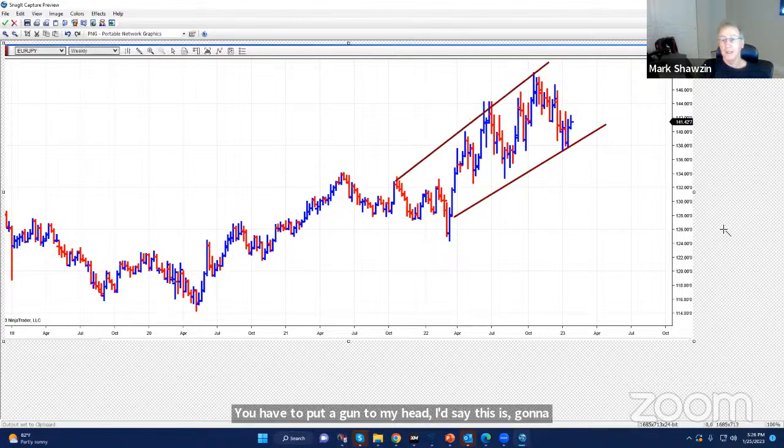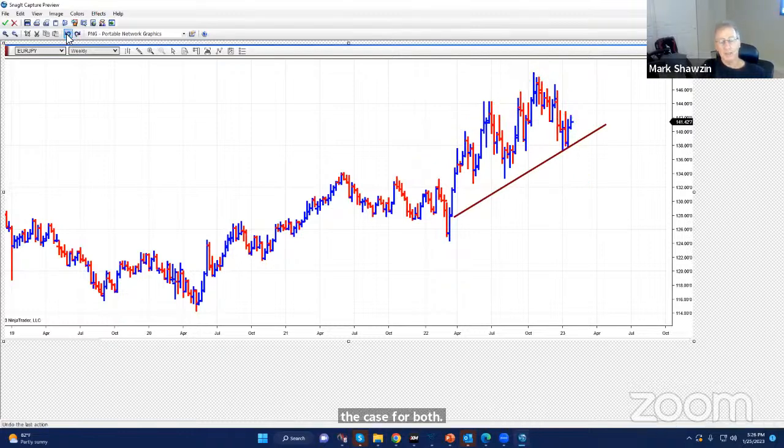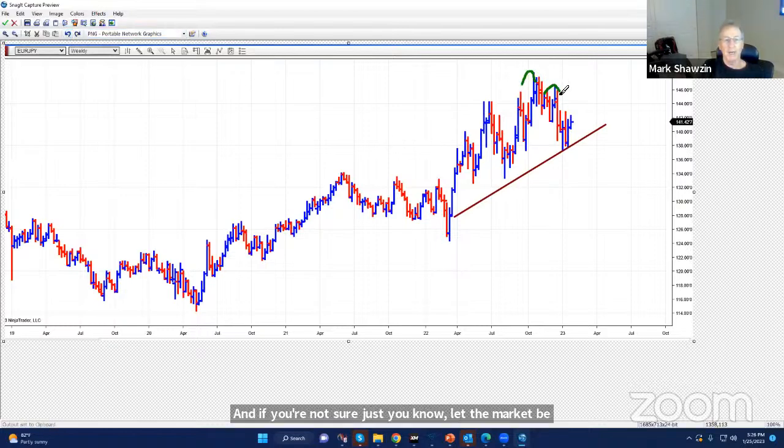But in a minute, this thing could start breaking and start looking like a double top and a head and shoulders in here. So I could make the case for both. And if you're not sure, just let the market be the referee, because in a way, I'm seeing this as a double top and maybe a shoulder.